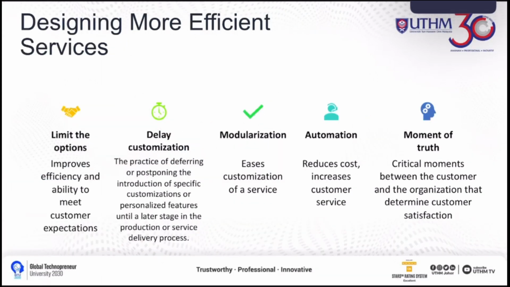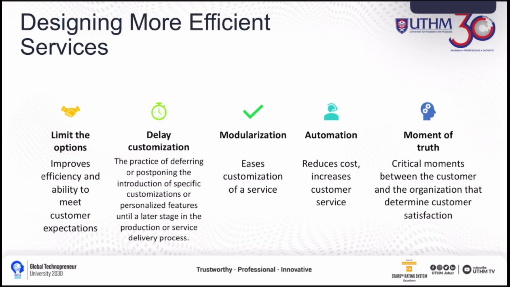So there is a bit explanation here, okay, about how to design more efficient services. So we will explore the strategy to enhance the efficiency and the customer satisfactions.